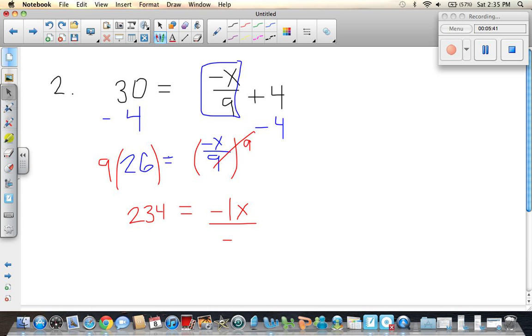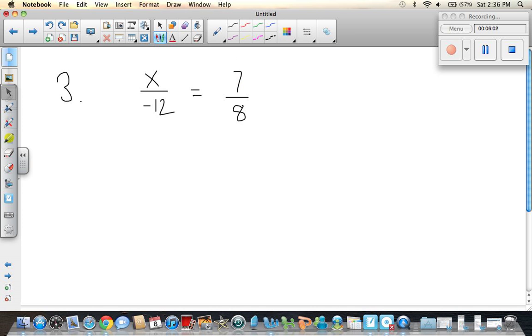We don't write the 1 normally because it's not necessary. But to just show you what we do to get that x alone, I divide each side by -1. And we get a result of -234. So that's the answer you should have gotten for this problem. So x equals -234.